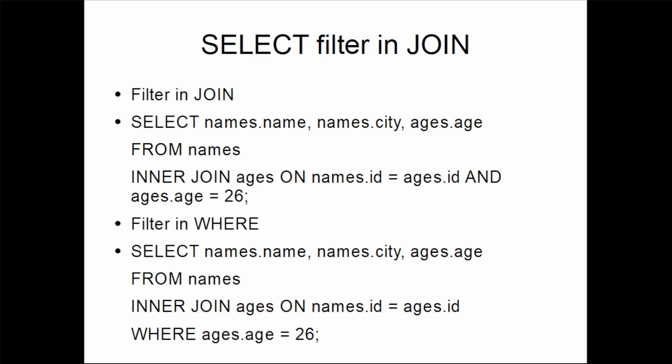Key takeaways. Filter early in the join. Use ON, as in ON ages.age = 26, to reduce the dataset before joining, boosting performance with large tables. WHERE for post-join filters. Use WHERE when you need to filter after joining, especially with conditions involving multiple tables or complex logic.